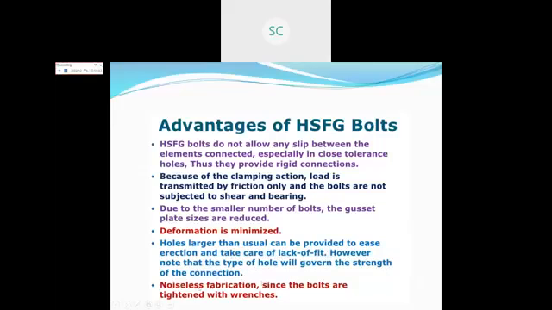Noiseless fabrication, since the bolts are tightened with wrenches. So, what I told, due to this noise only, we have made the riveted connection obsolete. Note there will be very much noise in the riveted connection, and nowadays it is obsolete.